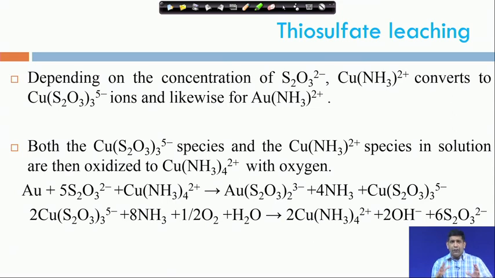So this is how it needs to be done, how things have been done in other countries and other places. This is just to give you an idea of the different methods. We looked at different types of extraction: urea, thiourea, thiosulfate, cyanide, halide, all these are different methods.